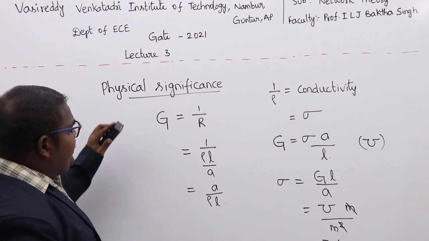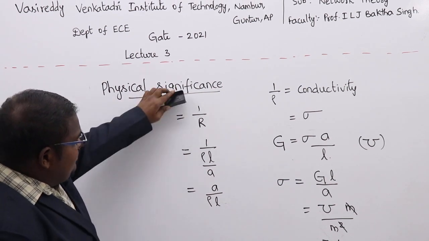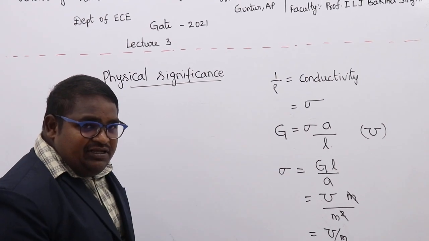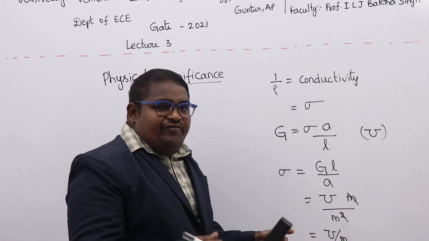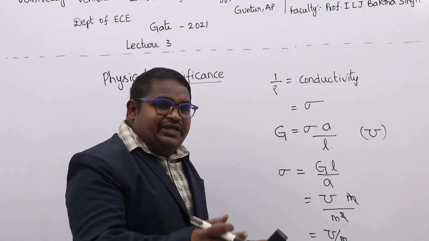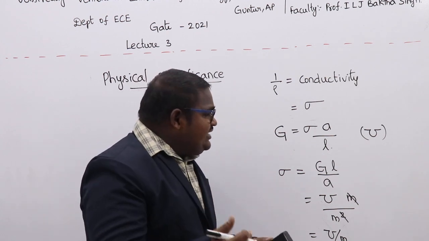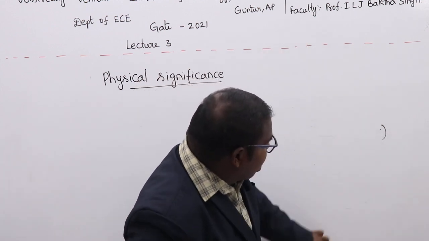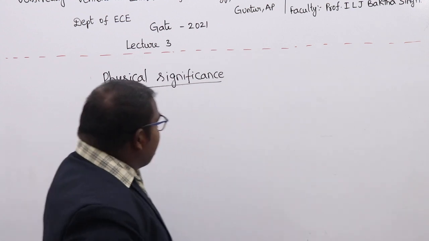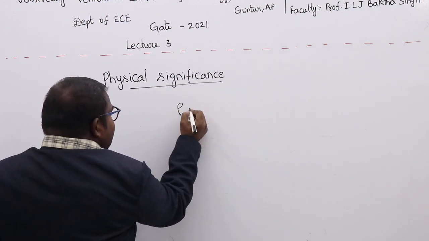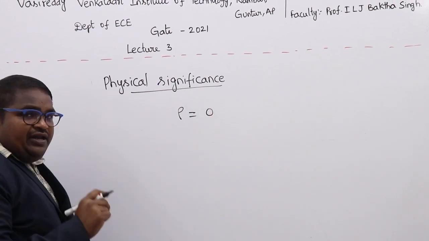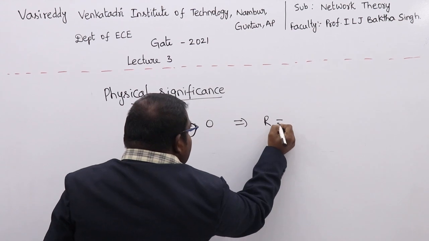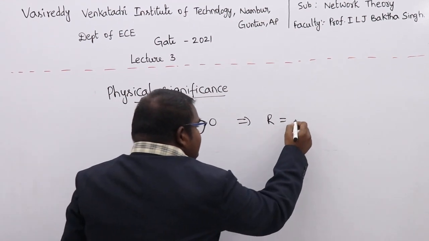The value of rho is not constant for all materials. The rho value changes from one kind of material or element to another. But we have some maximum and minimum values of rho. When the value of rho is equal to 0, then R is equal to 0.